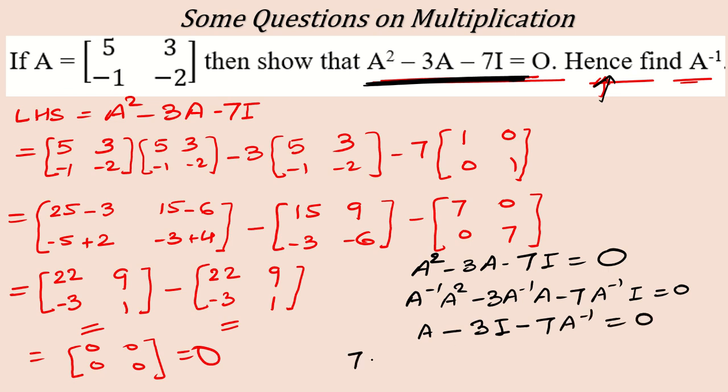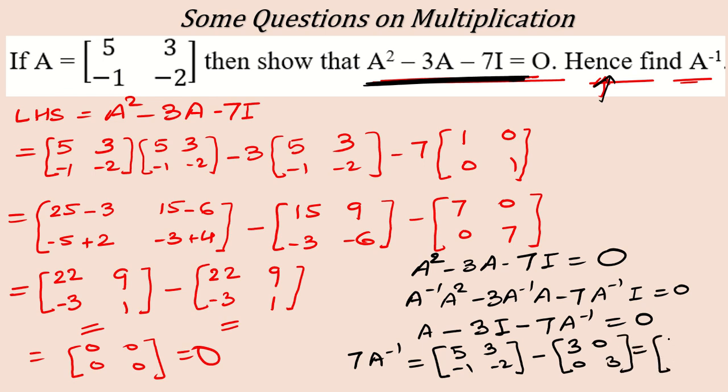So 7A inverse is equal to A, where the value of A is 5, 3, minus 1, minus 2, and minus 3I. Minus 3I means 3, 0, 0, 3. So just calculate it. It will be 5 minus 3, 2, 3 minus 0, 3, minus 1 minus 0, minus 1, minus 2, minus 3, minus 5.